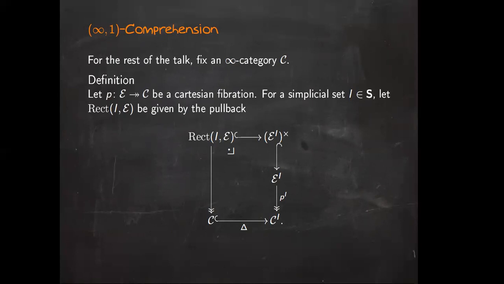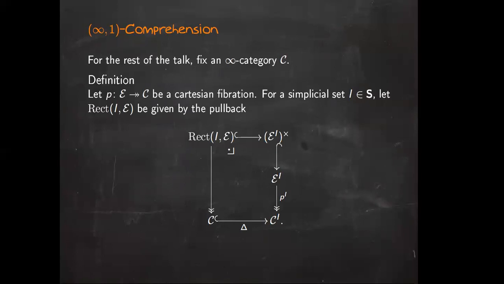So given a simplicial set I, we indeed do this for simplicial sets, not just for infinity categories. We can define the rectangular diagram infinity category in the following way. We can just take P and exponentiate it by I, which is again a Cartesian fibration, and then we can take its core. That is the composition on the right-hand side.